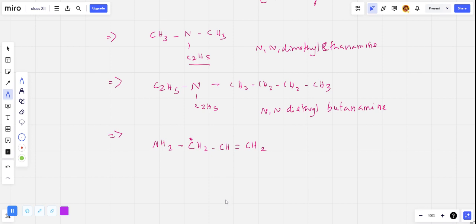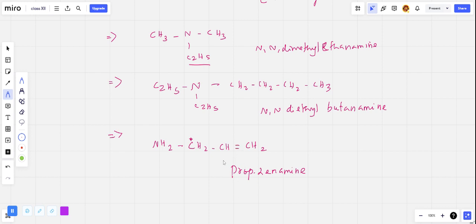How will you name it? It is actually propene, propene amine.